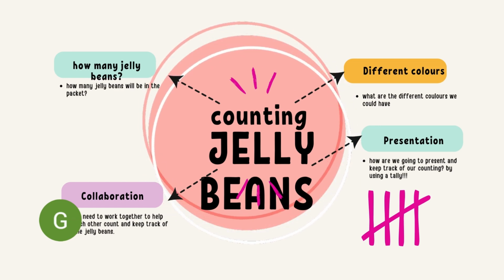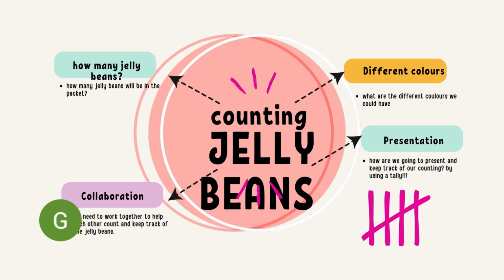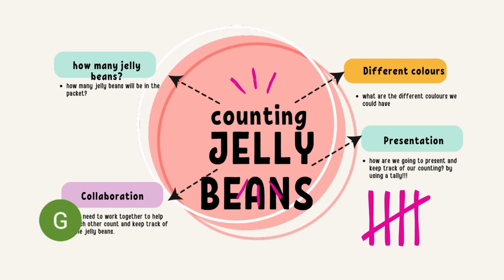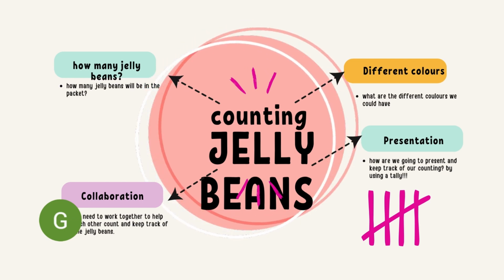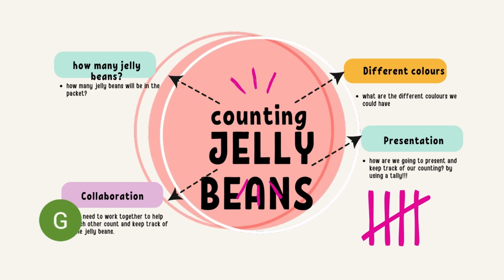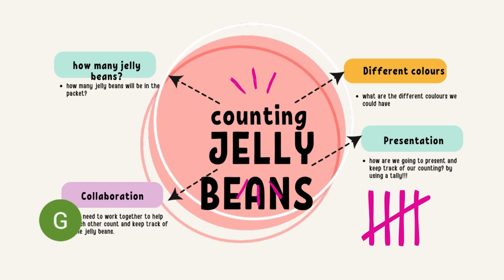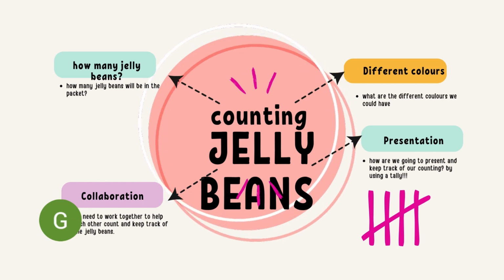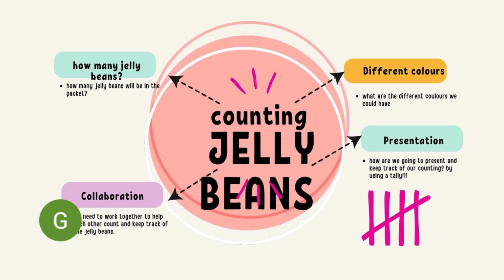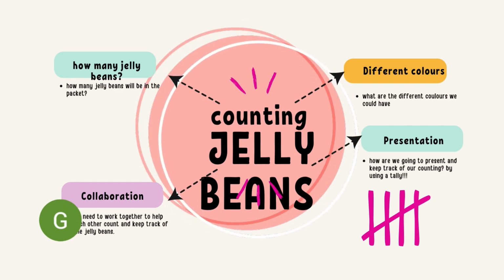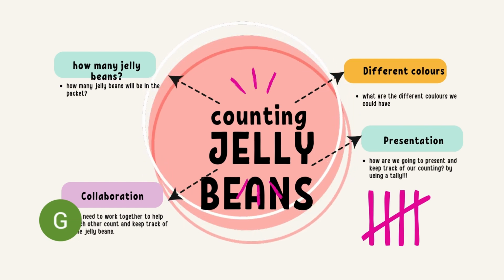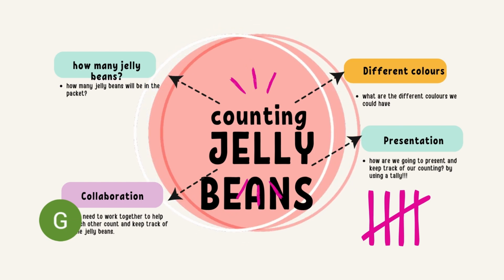What do you think? I think there's at least going to be green and red and pink and purple and blue and maybe yellow. We're going to need to work together to help each other count and keep track of the jelly beans. We're going to be collecting all of the information in a table, and we're going to use a tally.